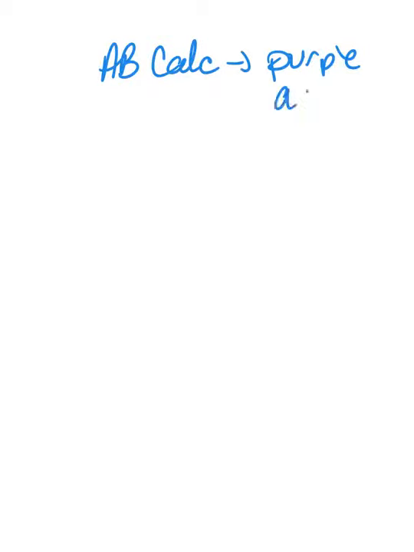In the back of the room, there should be 3 baskets, all with assignment sheets. Any of you guys who had me last year should know how this works. For AB Calc, you guys have the purple assignment sheets. I don't collect homework every day.